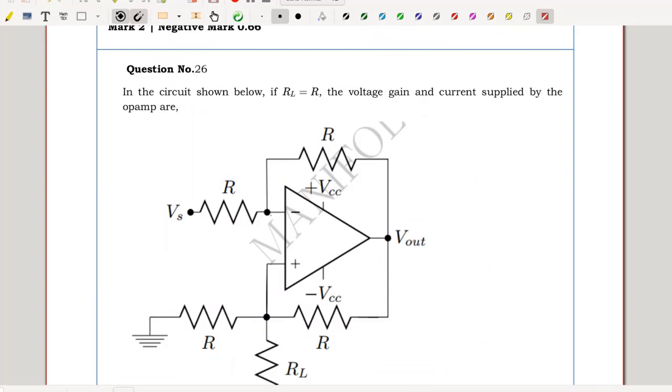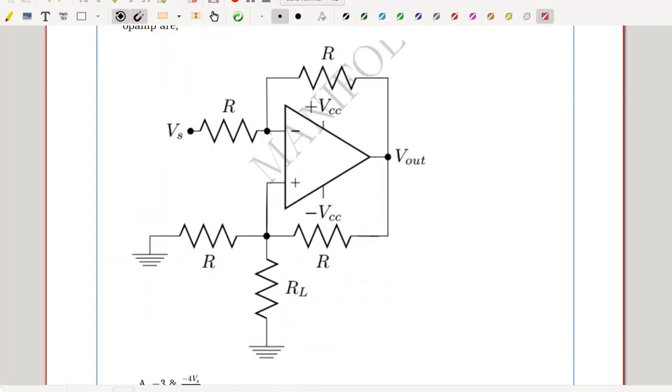Question number 26. In the circuit shown below, if RL equal to R, the voltage gain and current supplied by the op-amp are. So in this circuit, as earlier, negative feedback is dominant, hence V plus equal to V minus is valid.